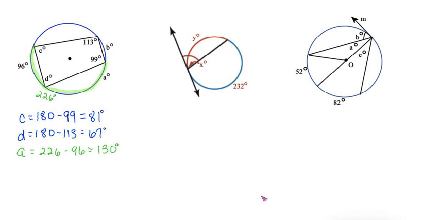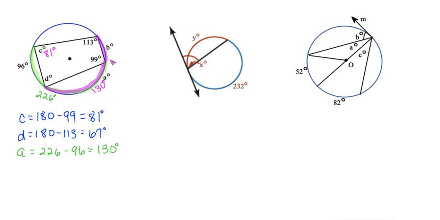Now, finally, I'm going to need to find B. So I notice that angle that's marked C, this one is 81 degrees. I found that earlier. It intercepts this arc. Let me highlight it in pink. Angle C, which is 81 degrees, intercepts this whole arc, the pink arc, which is A and B together. Well, I just found out that A was 130.